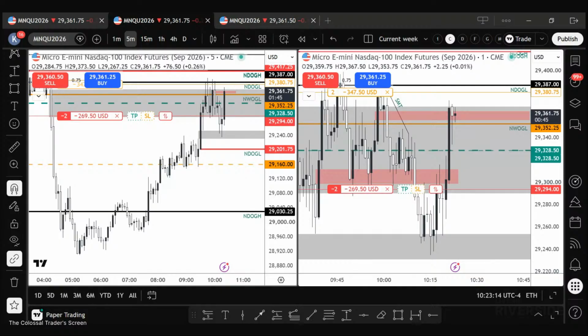No bueno. No bueno, guys. We'll leave our stop losses to do their job, but this is not ideal movement. We need to reject aggressively. If not, this is cooked.